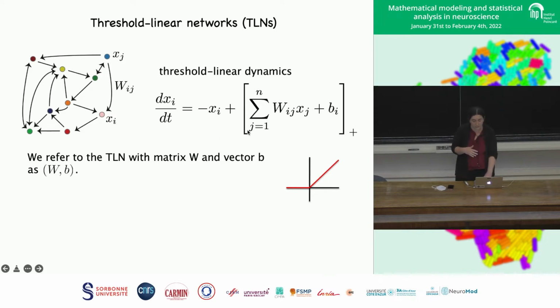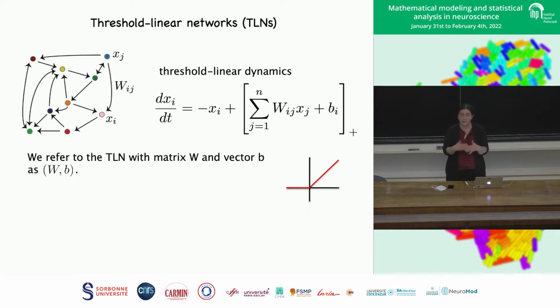The dynamics of the neurons evolve according to the so-called threshold linear dynamics. There's a leak term: in the absence of recurrent inputs, a neuron will just decay to rest, or to a zero firing state. The recurrent inputs are captured by the sum of W_ij x_j, and there's a combination of threshold and external input captured by b_i.